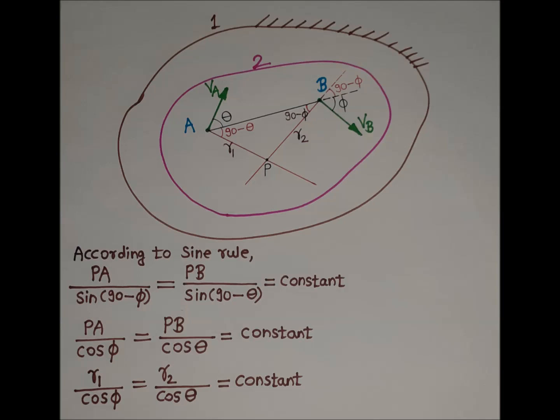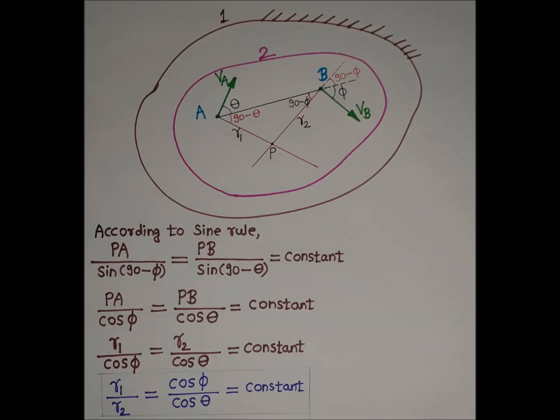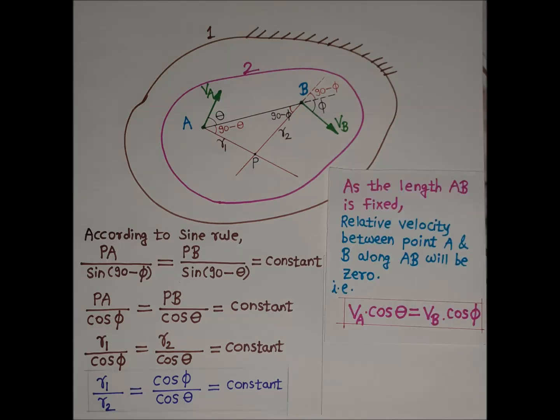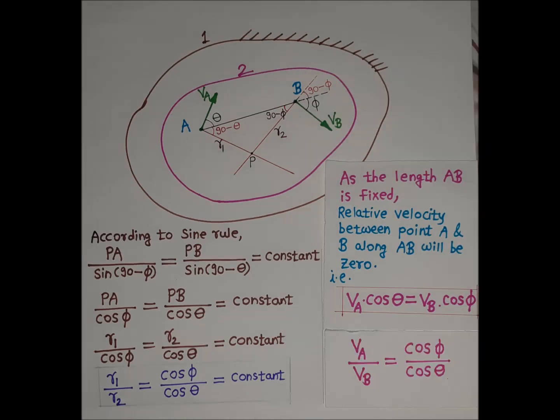We can rearrange the terms and get R1 upon R2 is equal to cos phi upon cos theta. And previously we obtained the relation VA cos theta is equal to VB cos phi. If we rearrange this relation, we can write VA upon VB is equal to cos phi upon cos theta.